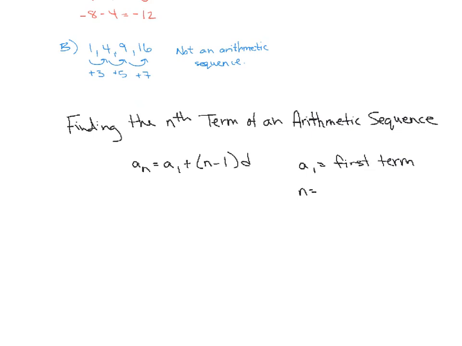We are finding the nth term of an arithmetic sequence, and this is the formula we're going to use. A sub n equals A1 plus n minus 1 times d. A1 is the first term of your sequence.